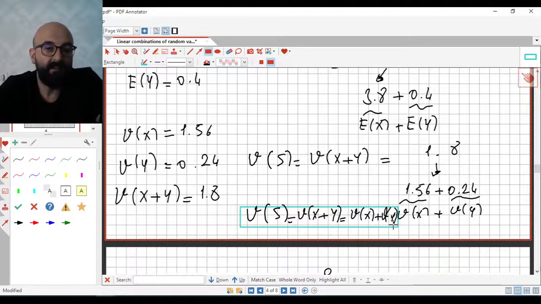Okay, now if we want to add two or more random variables, and if we want to find the expectation, we should add both expectations. If we want to find the variance of the sum of two random variables, we should add the variances of the random variables.